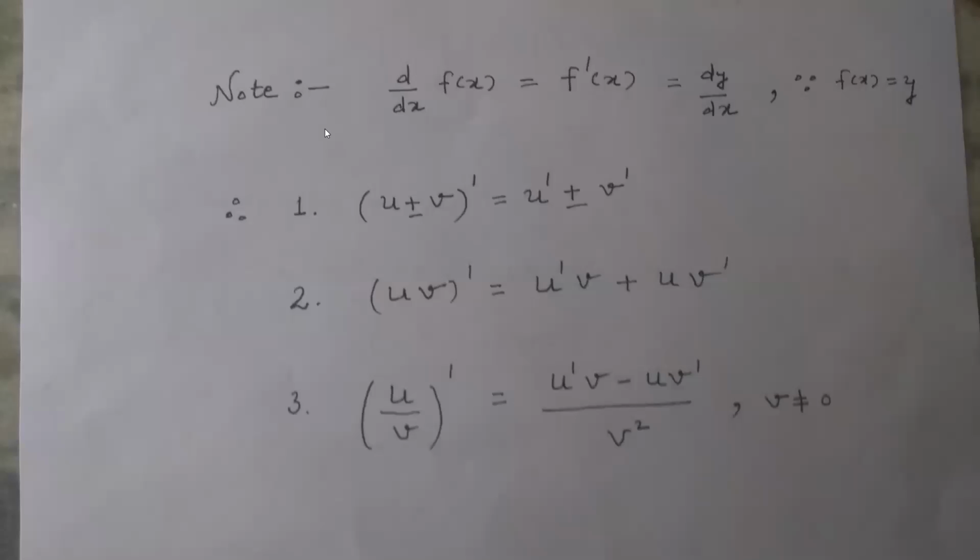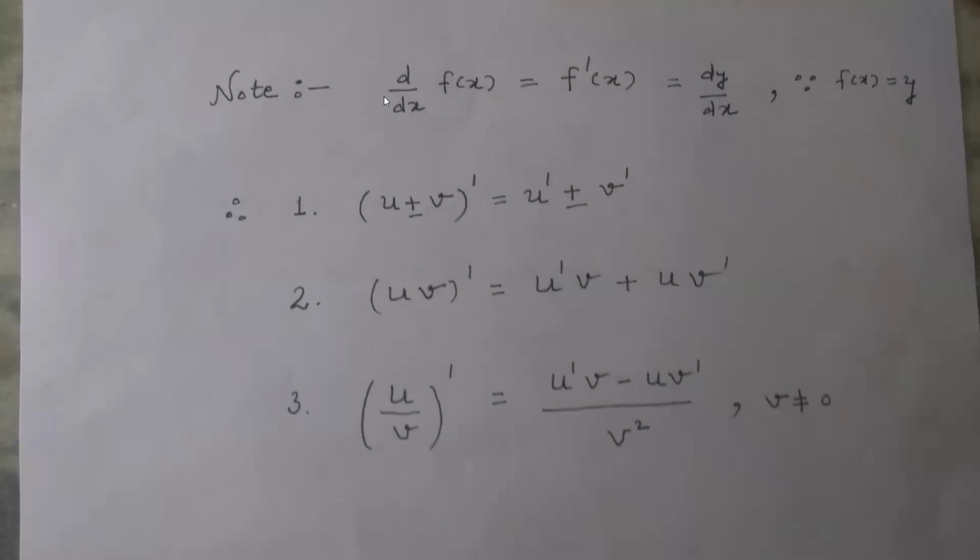My dear friends, the basic information: suppose f of x is the given function and we are going to find the derivative of this function, then we write simply d dx in front of f of x. Now what is this d dx? d dx is merely an operator. This is just the symbol of derivative.